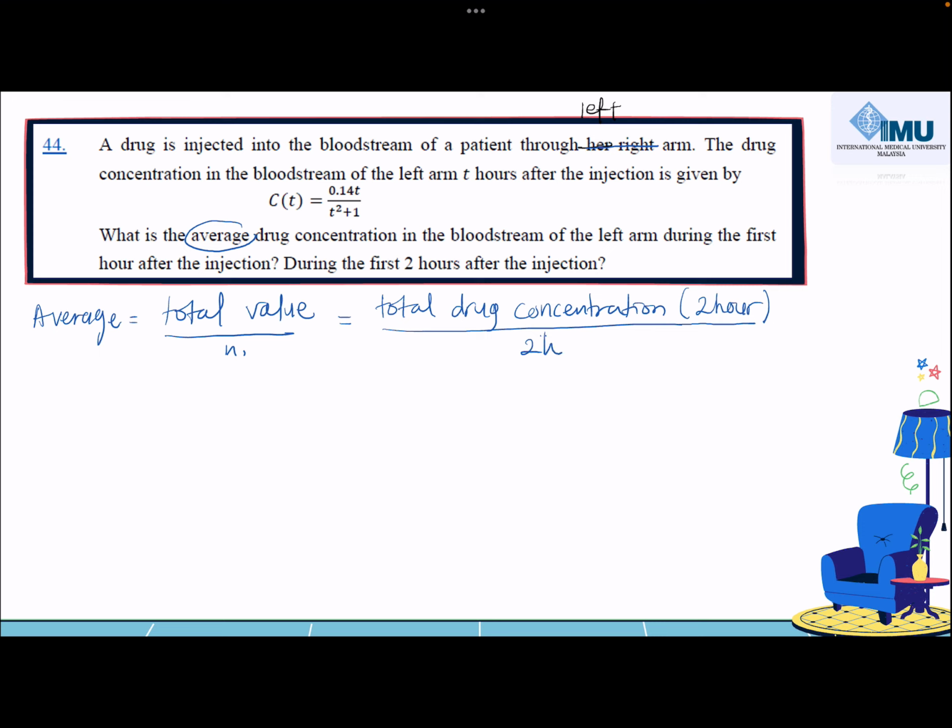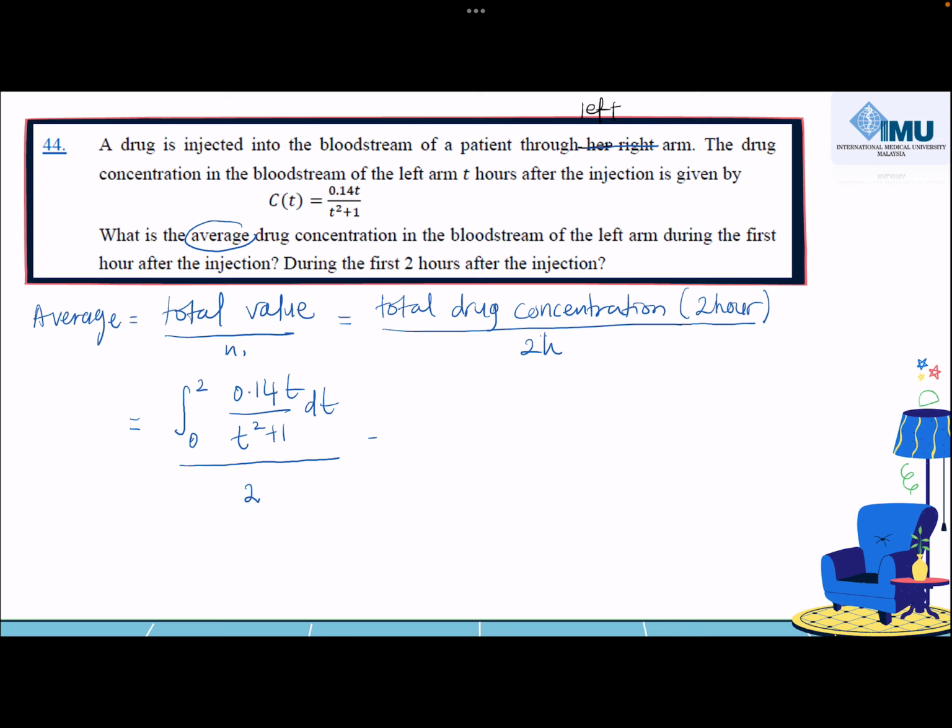Previously, because of the first 1 hour, we divided by 1. Here, we have to divide by 2. So, in the case of here, it will be integration from 0 to 2, 0.14t over t squared plus 1 dt. You need to divide by 2.